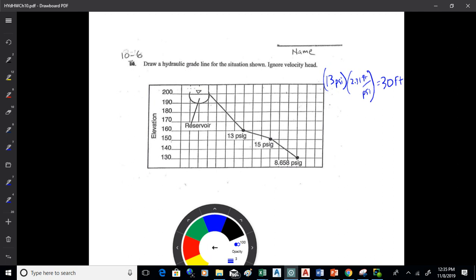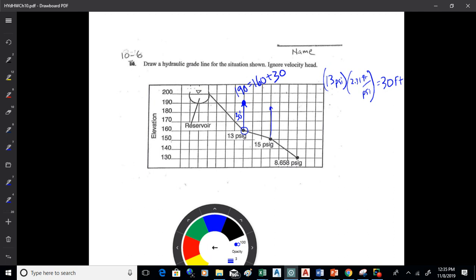So you've got 30 feet of pressure head there, as it's called. You can start out at 160 and go up 30 feet. And where you're going to end up here is up at 190, which is the sum of 160 plus 30. So what you want to do then is just do that process 2 more times. You know, no big deal, just plot it up.